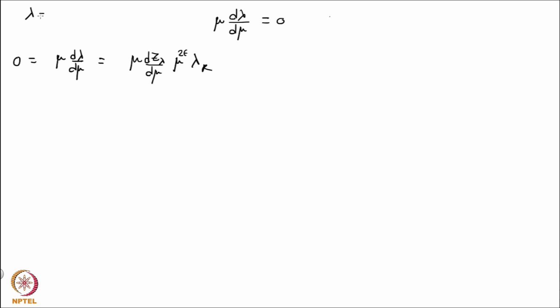Let me write it here. Lambda is z lambda mu to the 2 epsilon and lambda r. I am differentiating this. Then the second term is, when I differentiate this mu to the 2 epsilon, it gives me a 2 epsilon times mu to the 2 epsilon minus 1, but then I have a mu multiplying here, so that makes it again mu to the 2 epsilon.